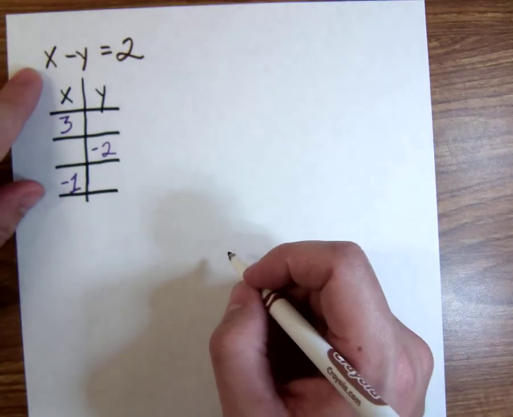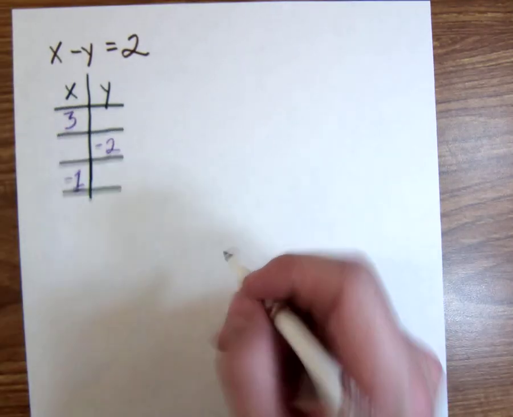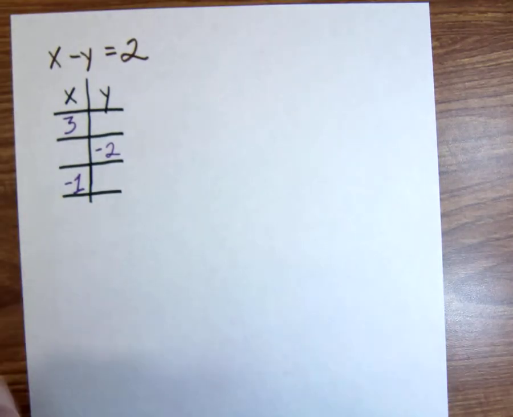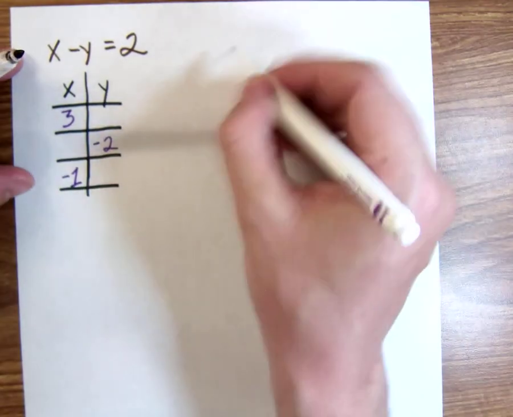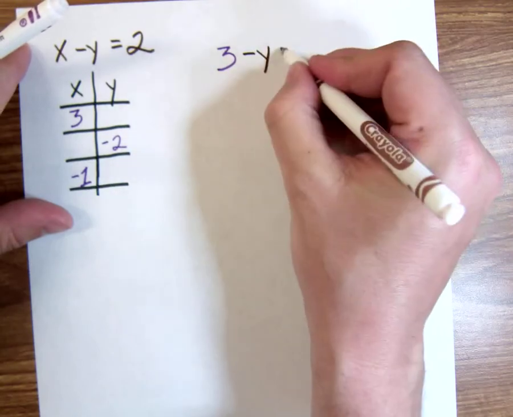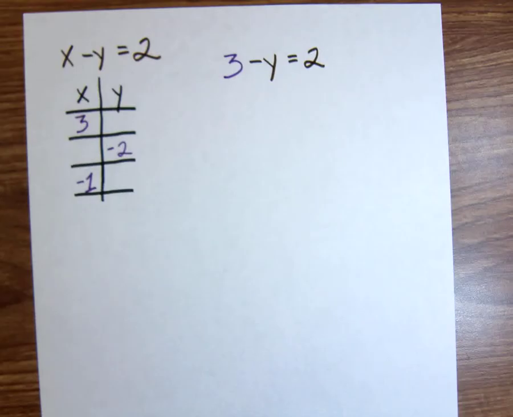This is X minus Y equals 2, and I'm telling you the X is 3. So instead of X minus Y, I'm going to do 3 minus Y equals 2. All right, algebra experts, what do I do? I think that's a good idea.